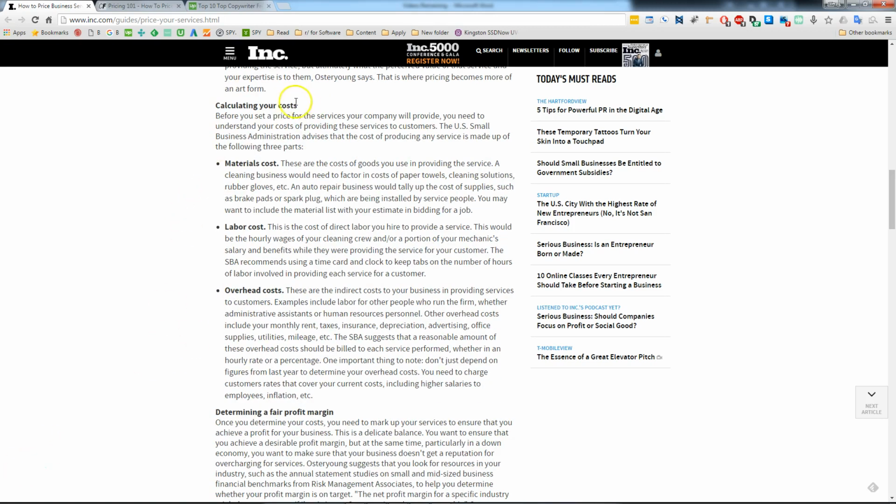Now, another thing that you need to consider when setting your hourly rate, or setting up a process by which you invoice clients, is material costs. Luckily with copywriting, there's very little material cost. Then labor cost.